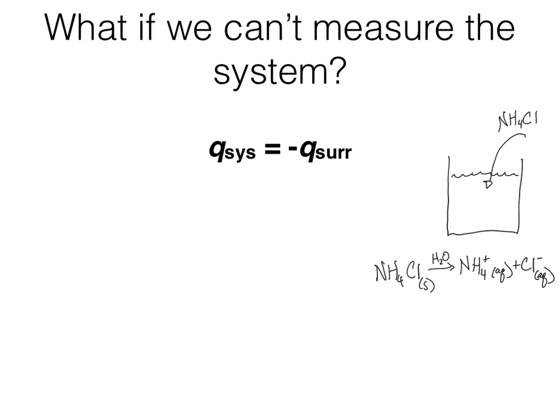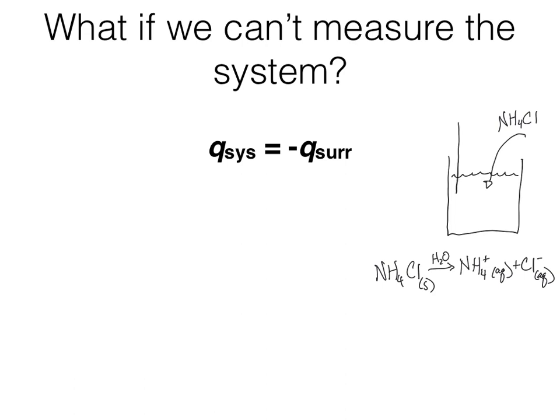And I don't exactly remember what it is for ammonium chloride, but the point is here, we cannot stick our little molecular level probe in to measure the NH4Cl directly, because we'd have to have the little probe sitting on every single molecule of ammonium chloride to see what is happening with each one of those and measure the energy from that. We can't really do that.